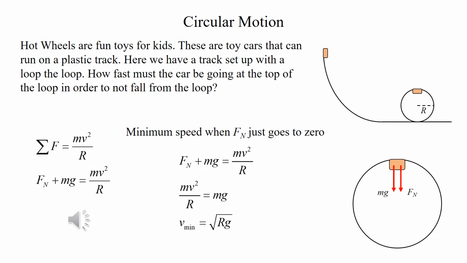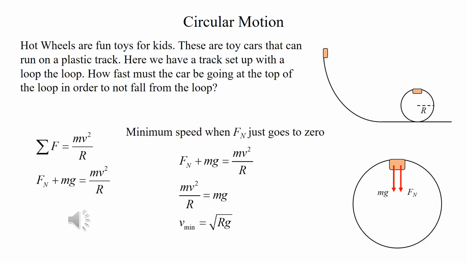Eventually we go slow enough that the normal force just goes to 0. And so in that case, we have mv squared over r equals mg. The mass divides out. We multiply both sides by r and take the square root. So we have the minimum speed equals the square root of rg.